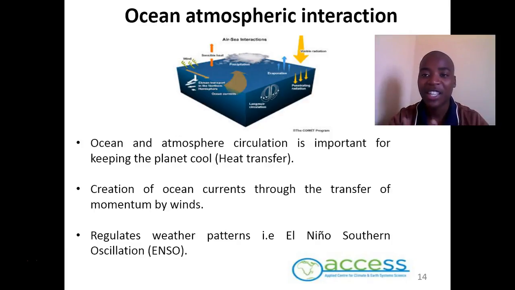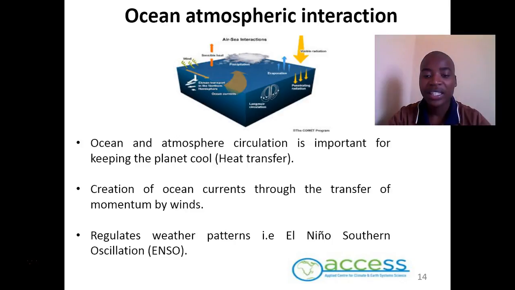They both transfer heat, and oceans create currents through transfer of momentum, and also create wind. Ocean and atmosphere also play a role in regulating and stabilizing our weather patterns.